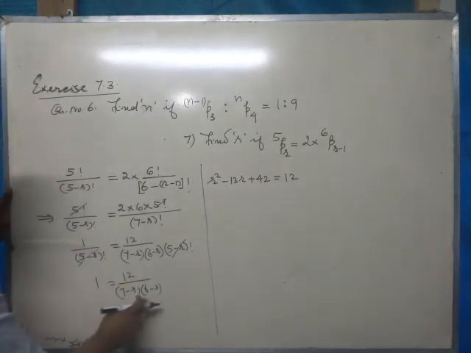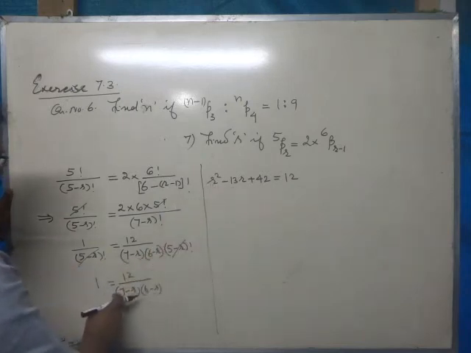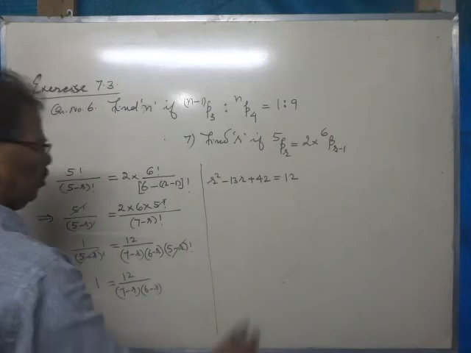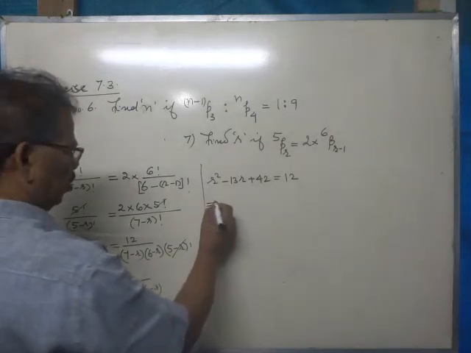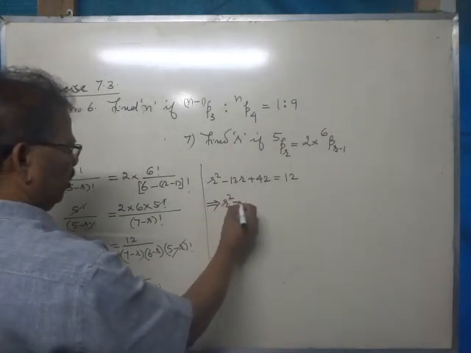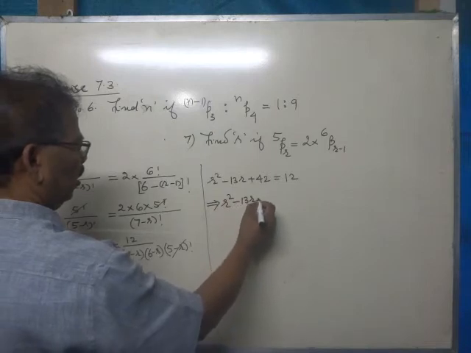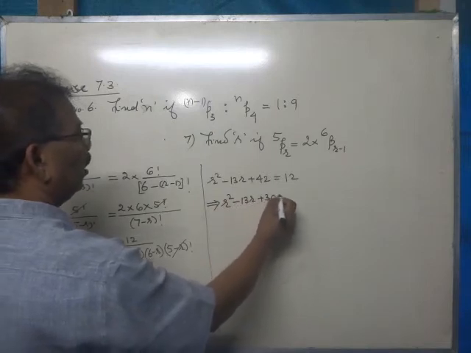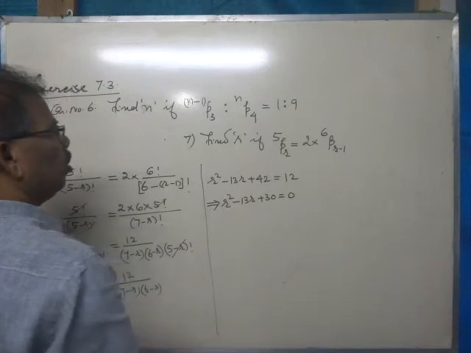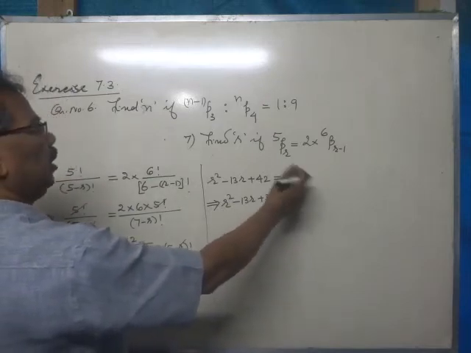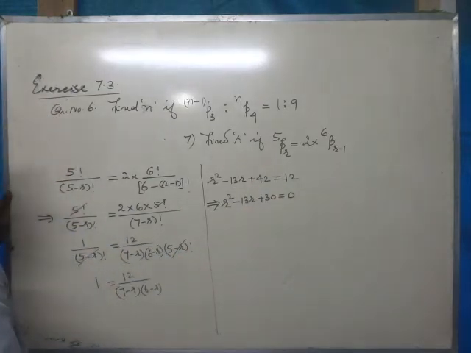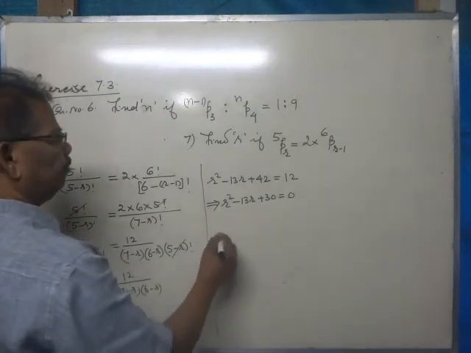You have taken the product of 7−r and 6−r, that is r² minus 13r plus 42 equals 12. That is to say, r² minus 13r plus 30 is equal to 0. How? Taken this 12 to the left, 42 minus 12, that is 30.